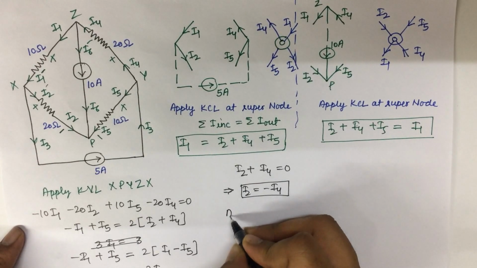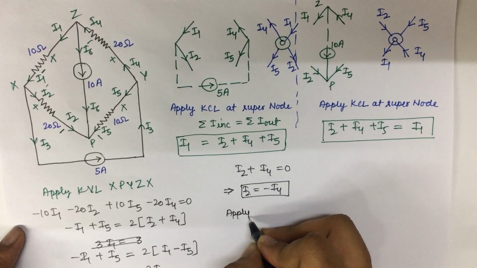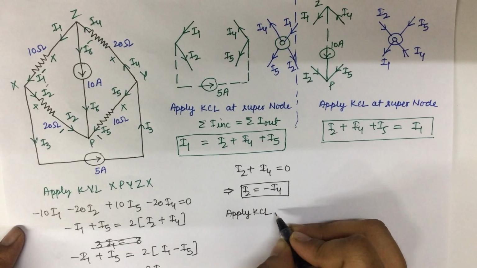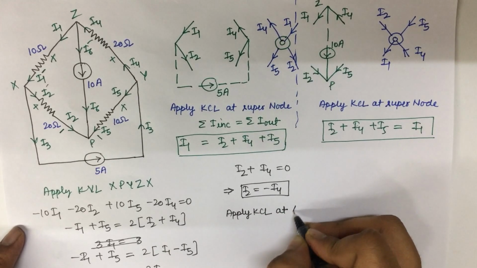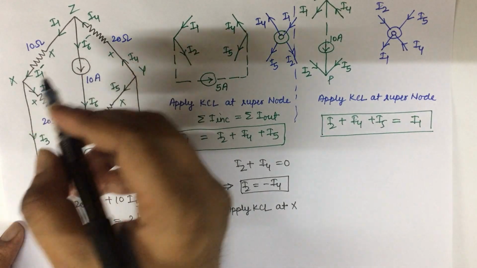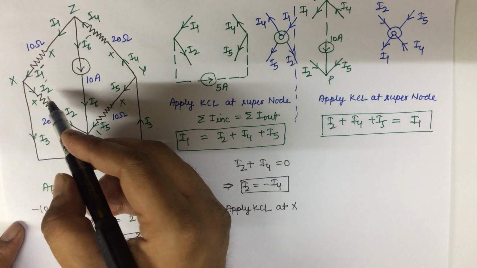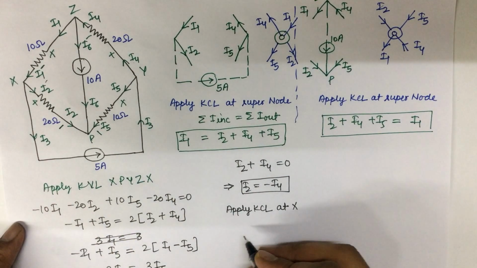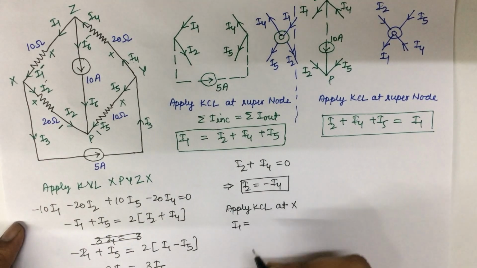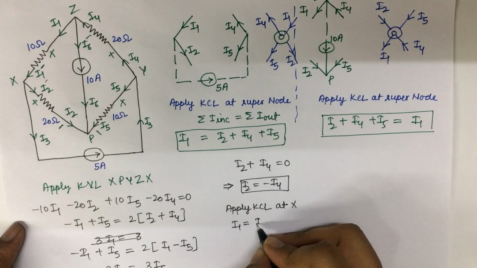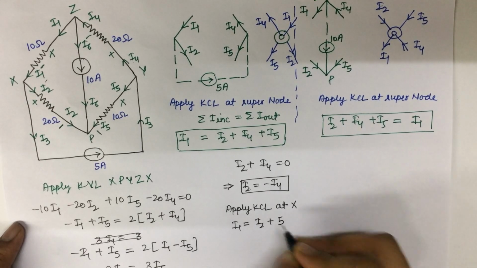Now apply KCL at point X here. The incoming current is equal to all outgoing current, meaning I1 is equal to I2 plus 5.